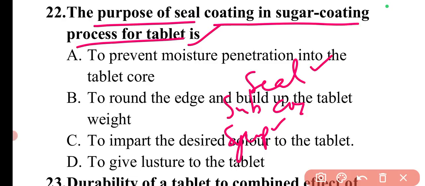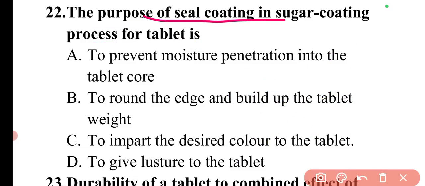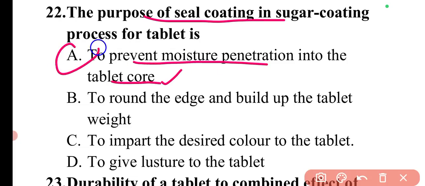Most important are seal coating, subcoating and syrup coating, and questions are mostly asked from these three steps, basically on their purpose. The purpose of seal coating in sugar coating is to prevent moisture penetration into the tablet core, given in option A. So here option A will be the correct answer.